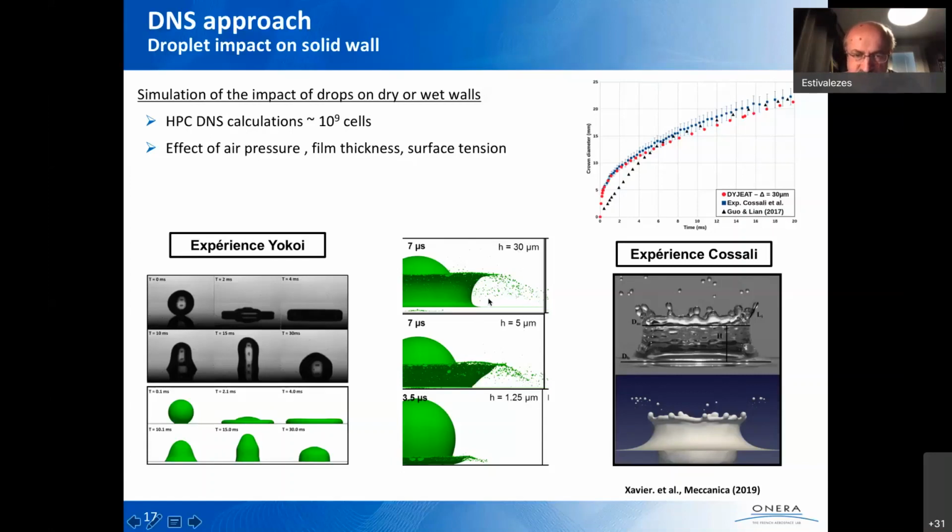And you can see that as you decrease the thickness of the film, you modify really the way the droplet is splashing on the wall. So it's important. Well, the future application of such simulation is to understand the problem of icing when you have a high velocity droplet impacting on aircraft wings.